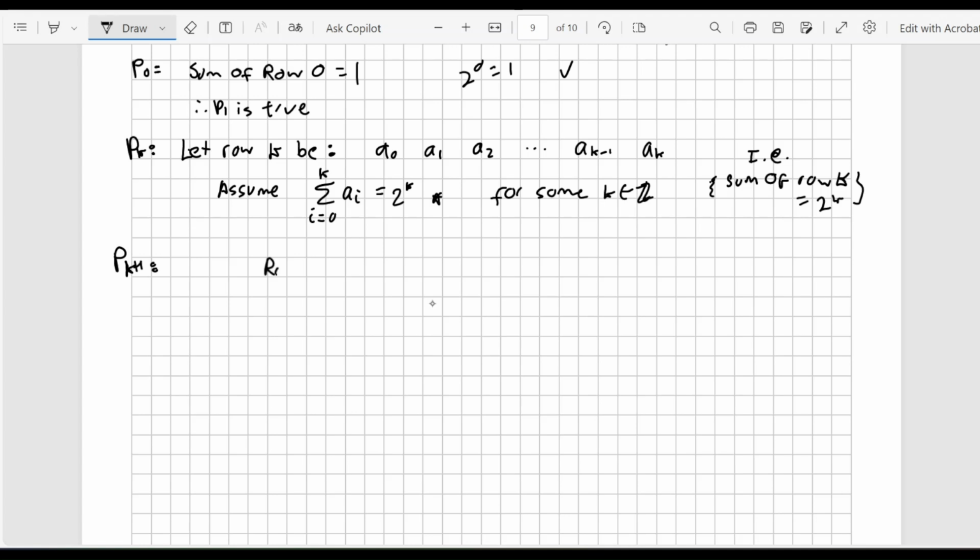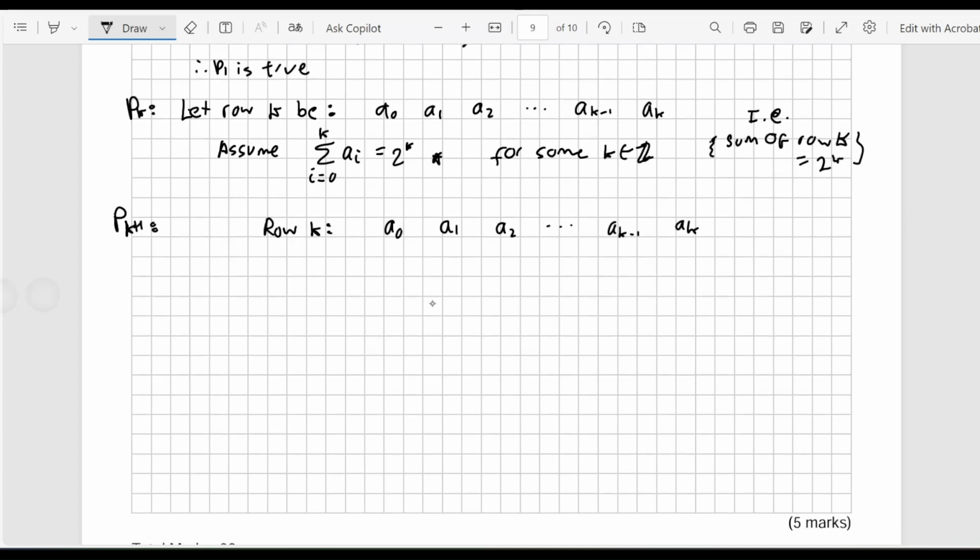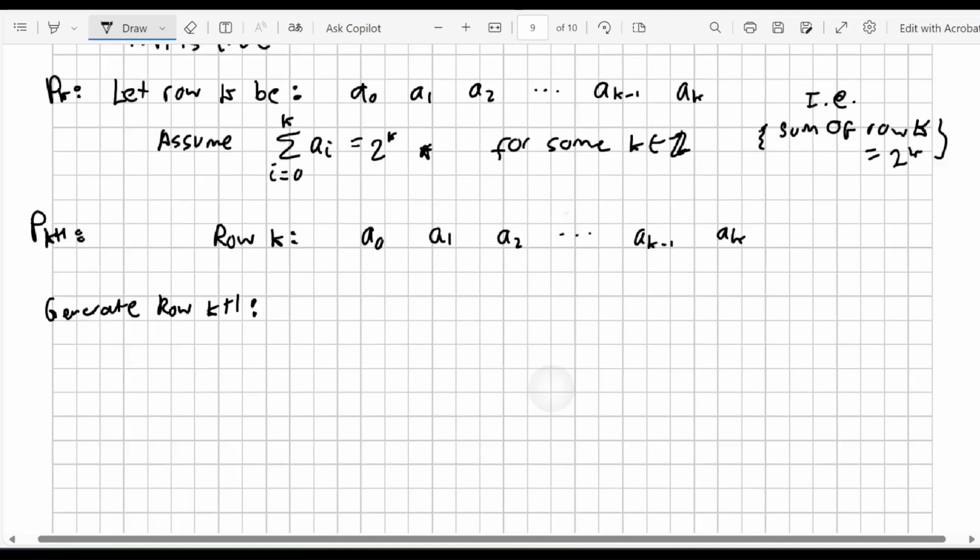We're going to have row k is a_0, a_1, a_2, a_(k-1), and a_k. And then we're going to generate row k+1. Now, how do you do this?